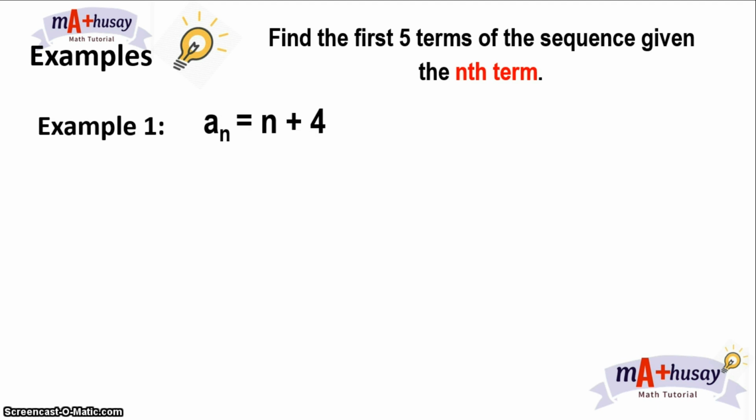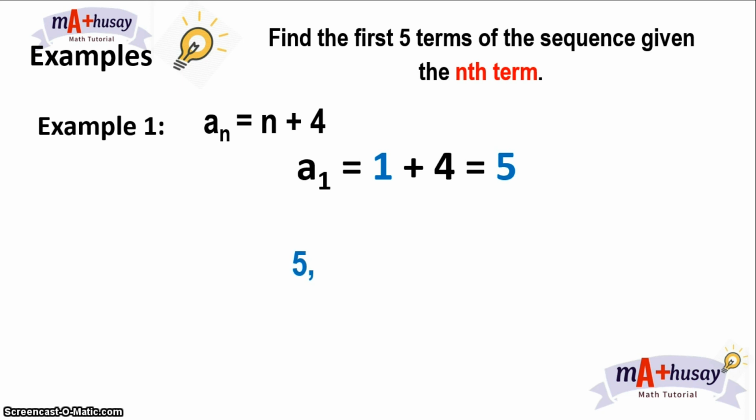Now, to find the first 5 terms of the sequence, we have to plug in the domain or the set of natural numbers from 1 to 5. So, if n is 1, a sub 1 equals 1 plus 4, you get 5. So, the first term of the sequence is 5.